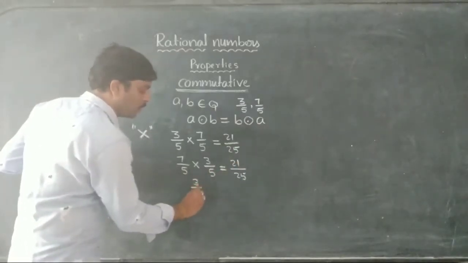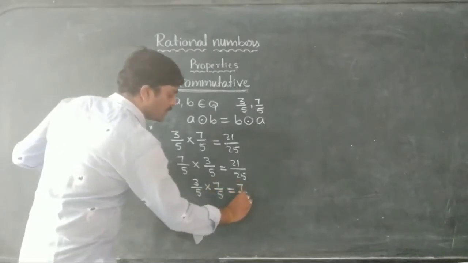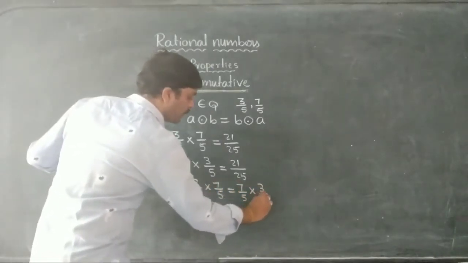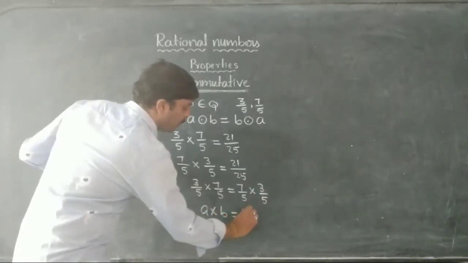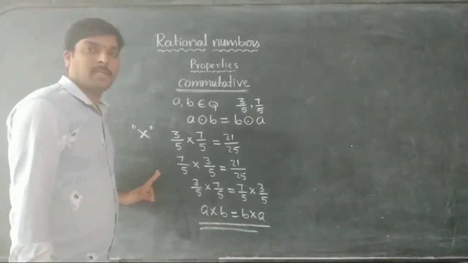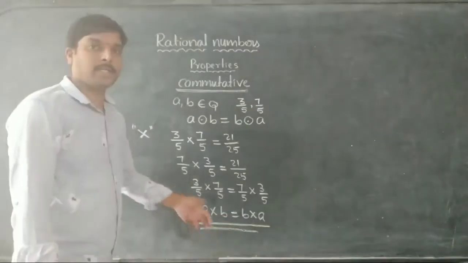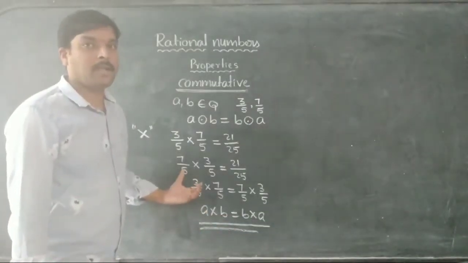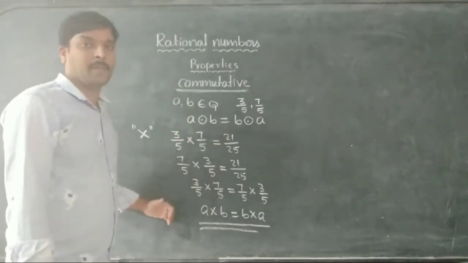Finally, what do you conclude? 3 by 5 into 7 by 5 is equal to 7 by 5 into 3 by 5. So a into b is equal to b into a. This is the commutative property under multiplication. Rational numbers are commutative under multiplication.